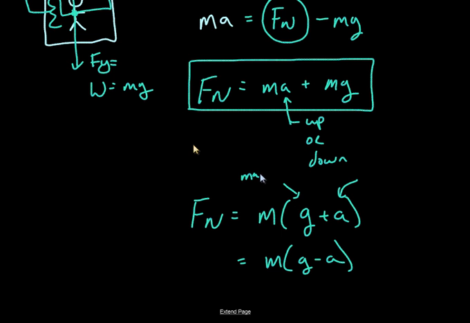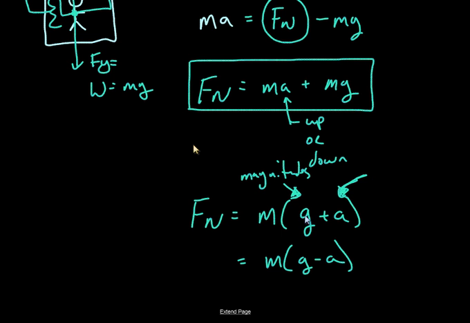I find that that's easier than trying to mess around with negatives and positives. I think it makes more sense to use your common sense on whether you're going to have a larger or a smaller value and work backwards from that. I think it causes less confusion.